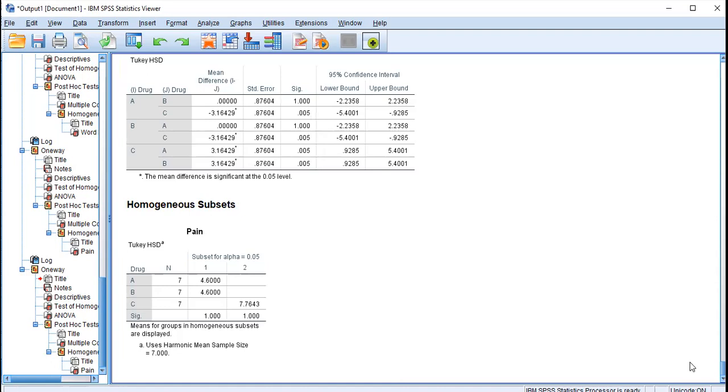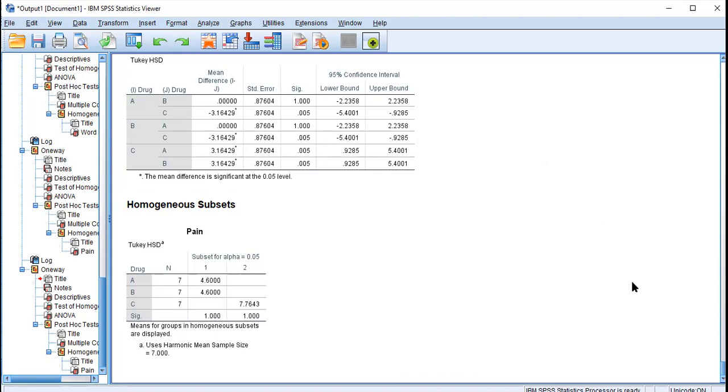Here, if you look at drug A and B, the mean difference is not there, and significance comes to exactly one. There's no difference between drugs A and B, but between A and C, the drug difference is there. Similarly, between B and A, there's no drug difference, but between B and C, the drug difference is there.